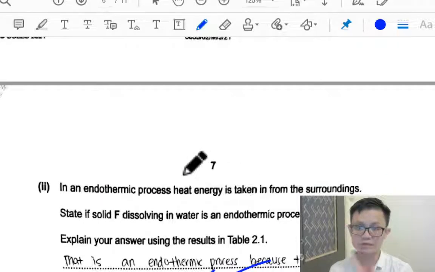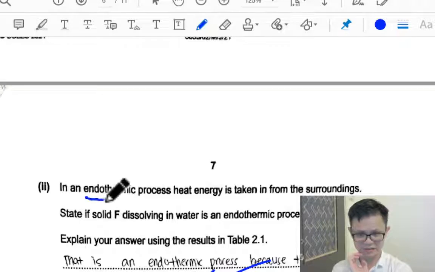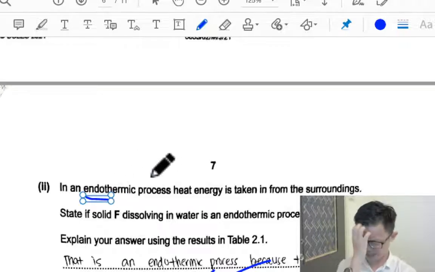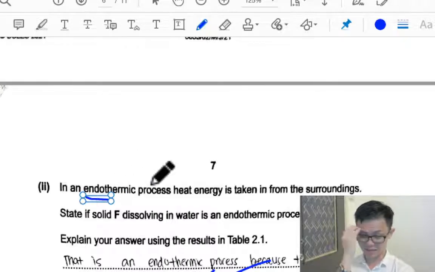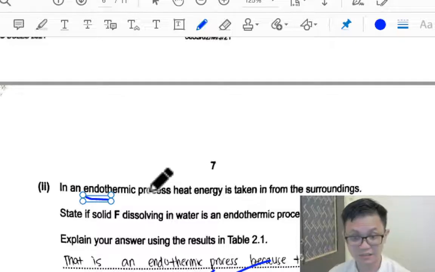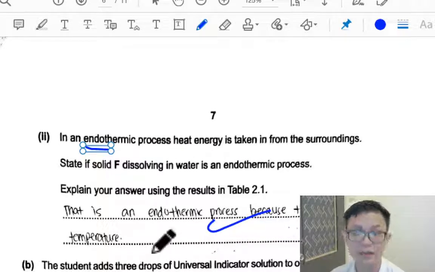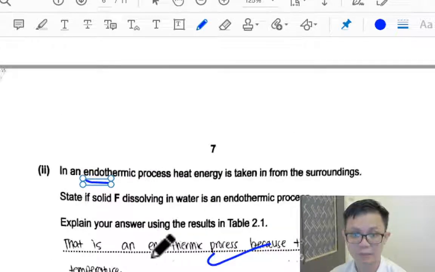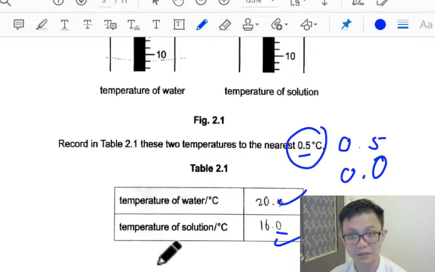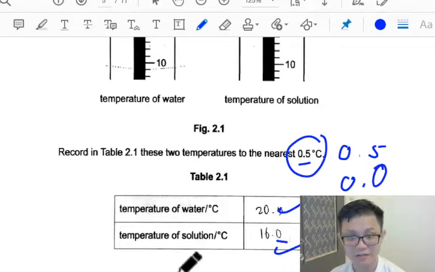In the endothermic process, energy is absorbed. You still remember, because now in the exam you need to remember already. Endothermic means the decrease in the temperature. Explain your answer. Why is it endothermic? Because there is a decrease in temperature. That is one of the definitions. We know it's the decrease in temperature because the table already shows it.